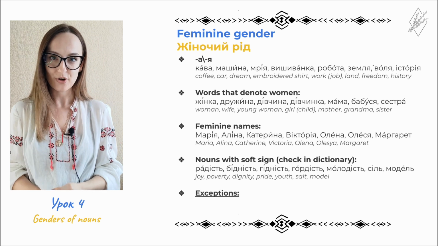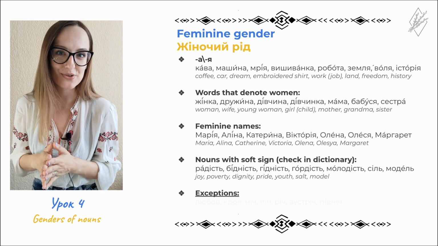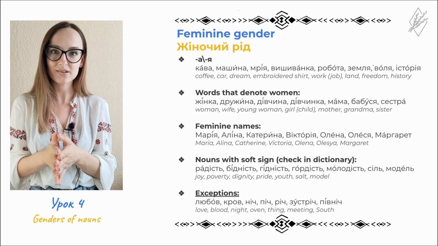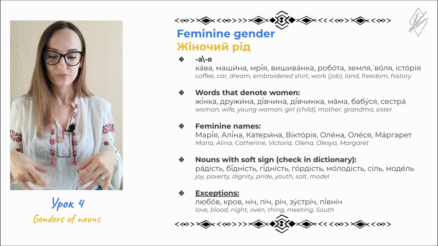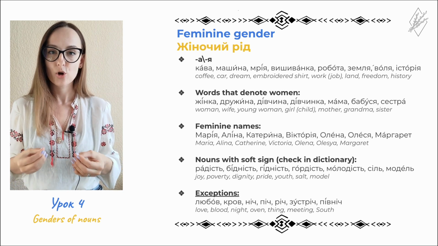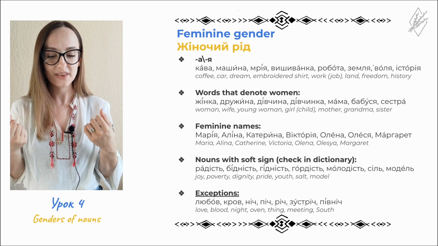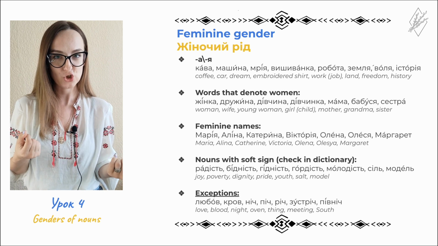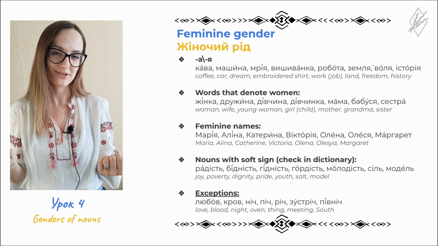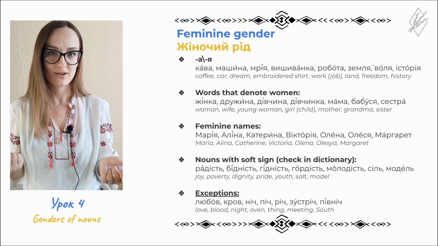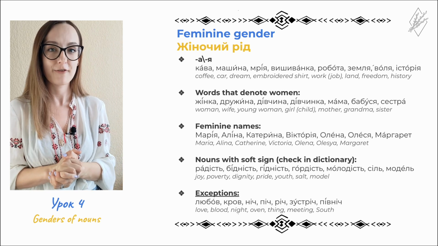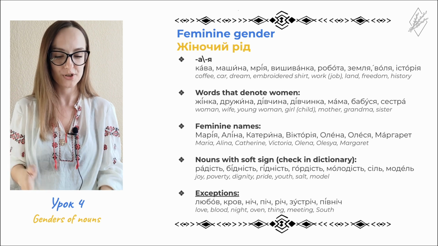And we have to memorize a list of exceptions that have consonant ending, but they are feminine. So, любов, кров, ніч, піч, річ, зустріч, північ. These words are feminine.